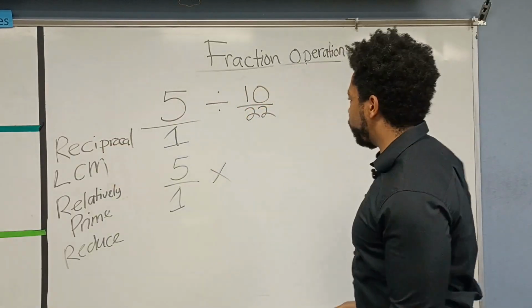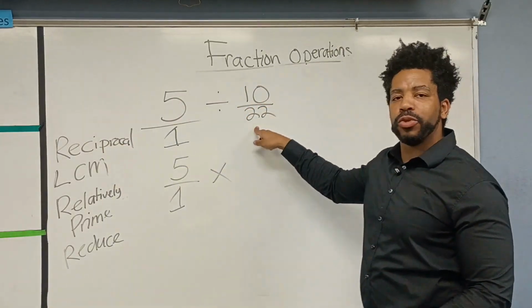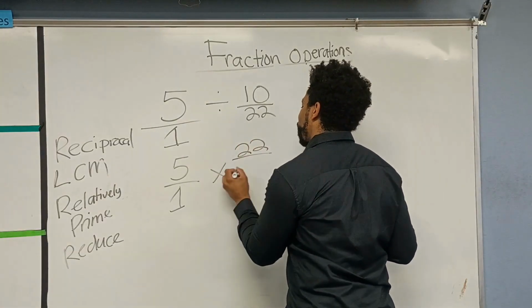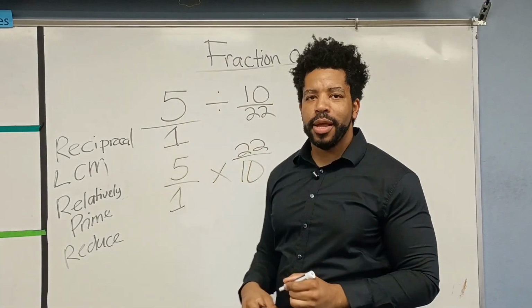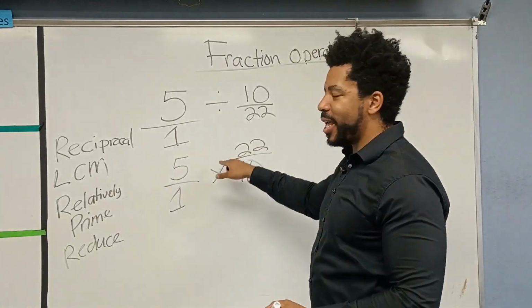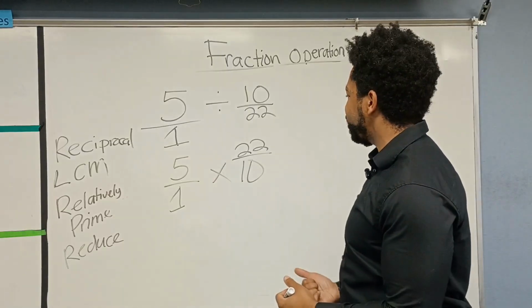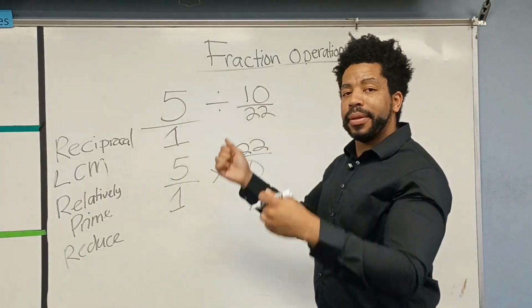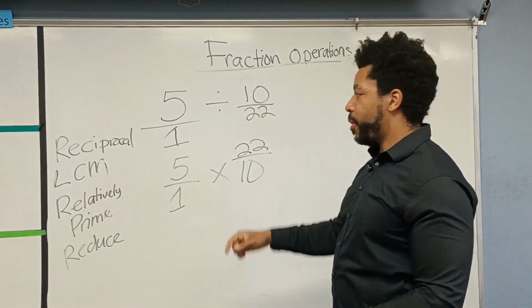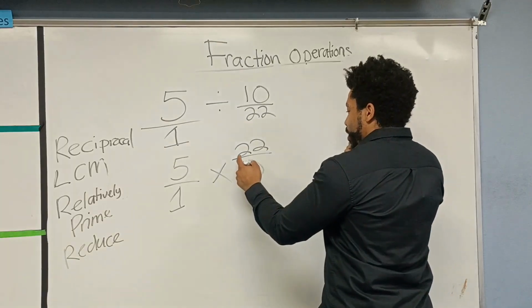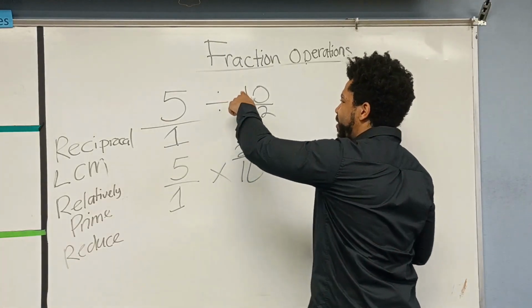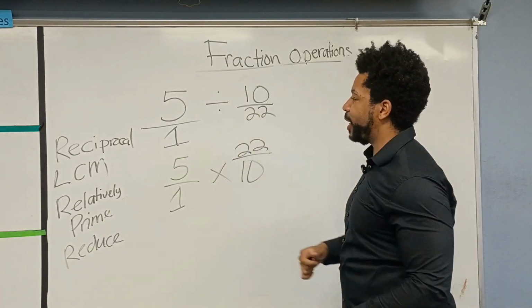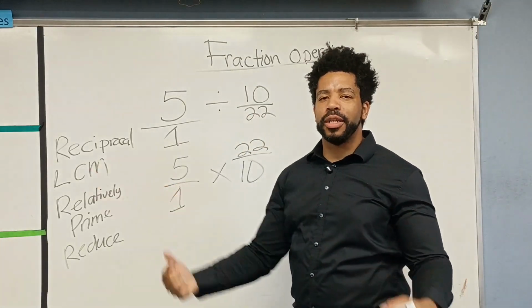The reciprocal of 10/22 is 22/10. This right here lets us know that it is the flip of the other fraction. How do we know? Because the numerator is now in the denominator and the denominator is in the numerator. That's called reciprocal, also known as flip.